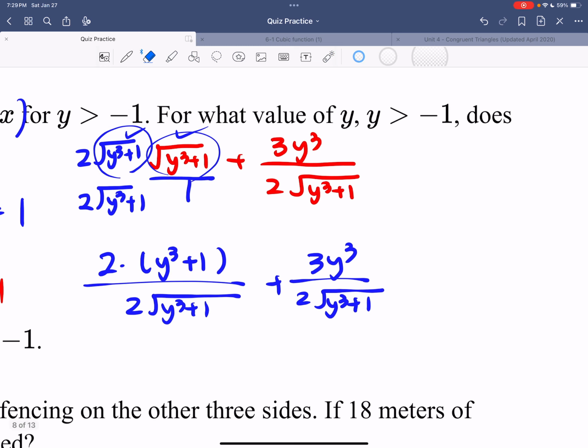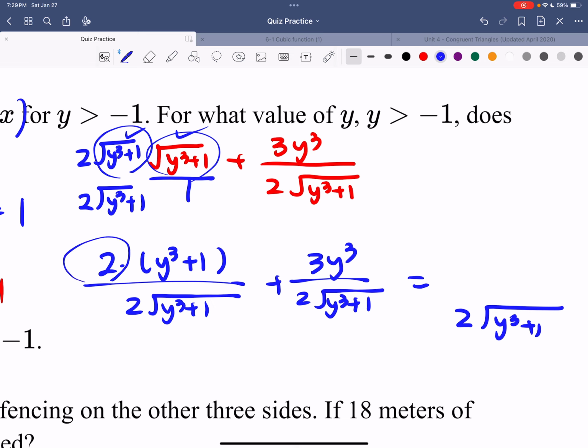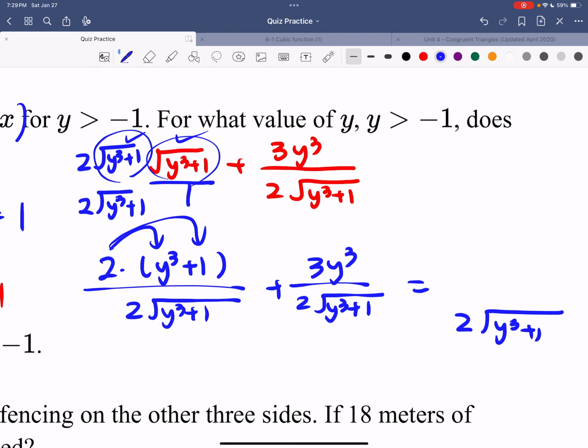And if you simplify this one, your denominator stays the same here, y to the third power plus 1. 2 times this one is gonna be what? 2 times the y to the third power, you're gonna multiply here and here. So I will just write this one as 2y to the third power plus 2.